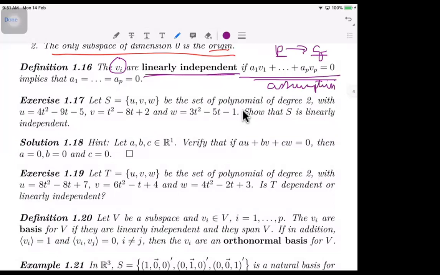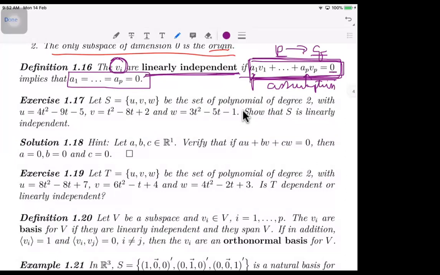So, the Vi are linearly independent if we assume this linear combination equals 0 and we can show that all the constants Ai are equal to 0.